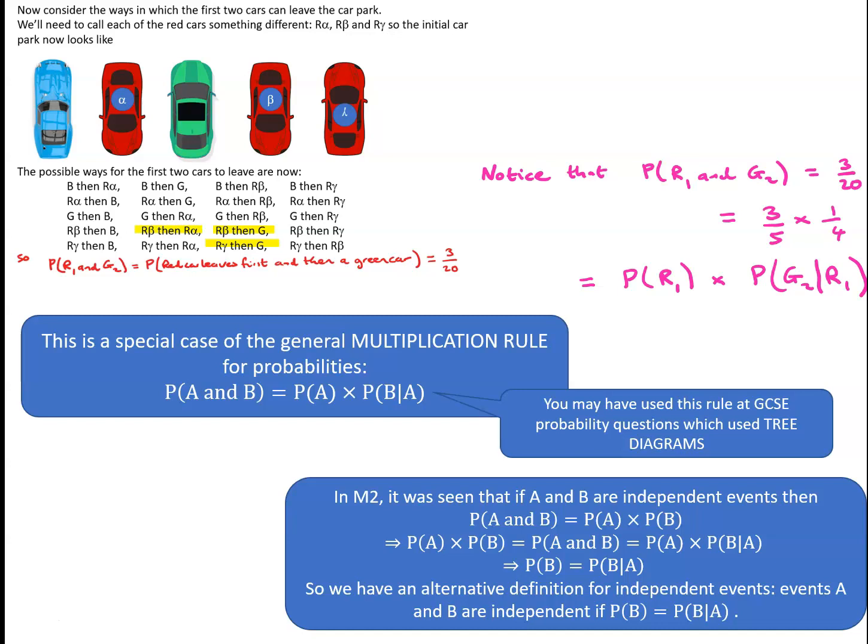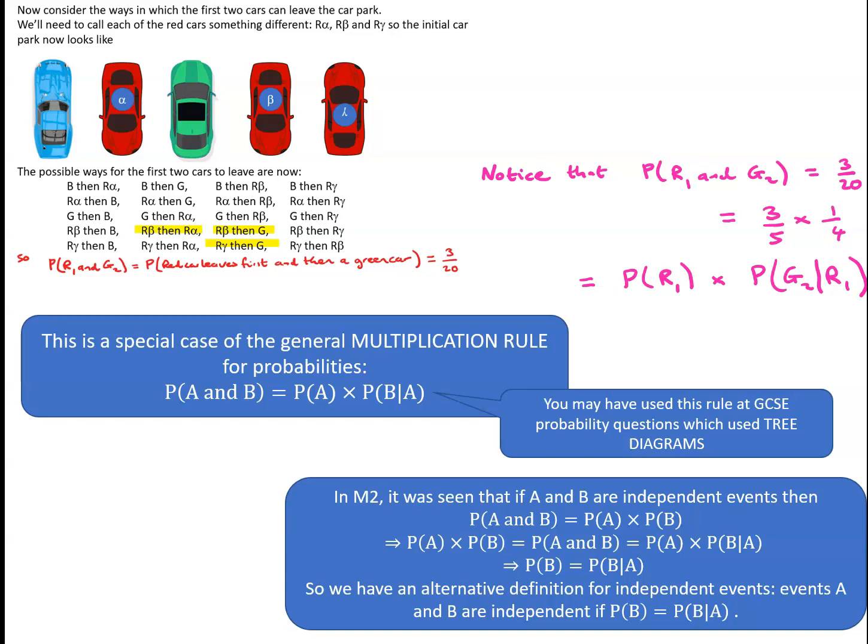What we've then seen is that the probability of A and B is the same thing as the probability of A times the probability of B, given that A has occurred. Putting those two lines together, we can cancel out the probability of A's, so we see that if we've got independent events, then the probability of B is the same thing as the probability of B, given that A has occurred.